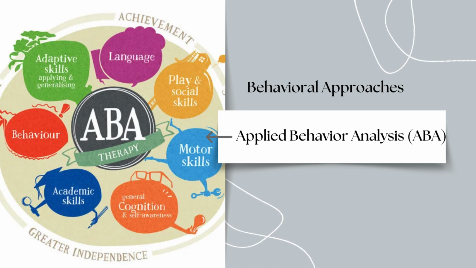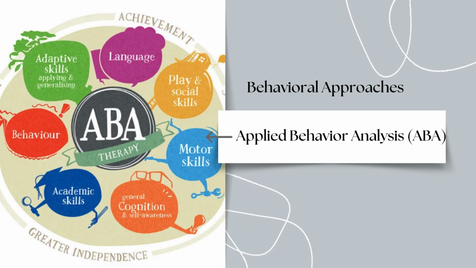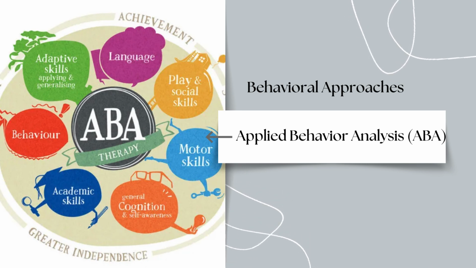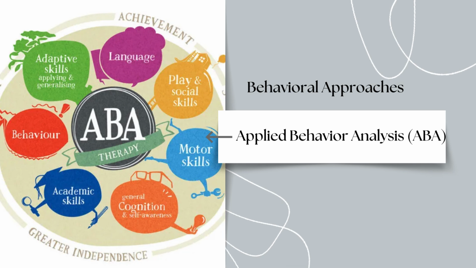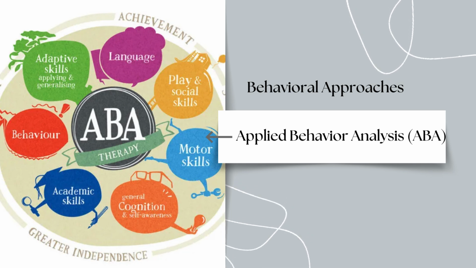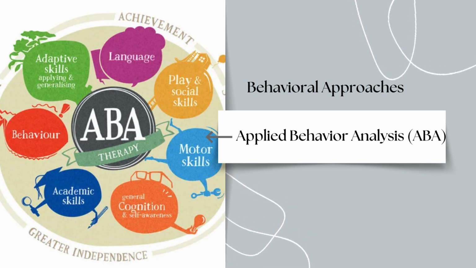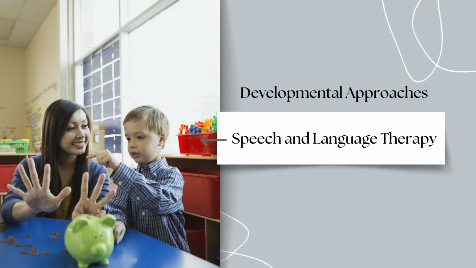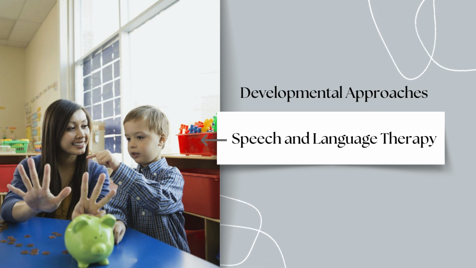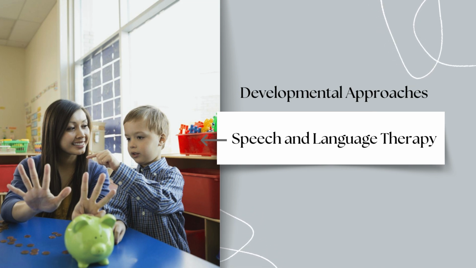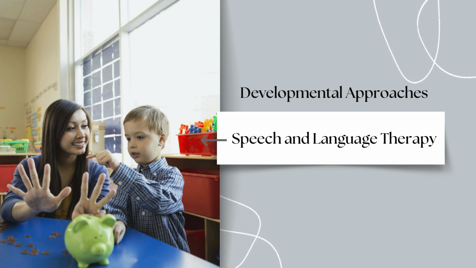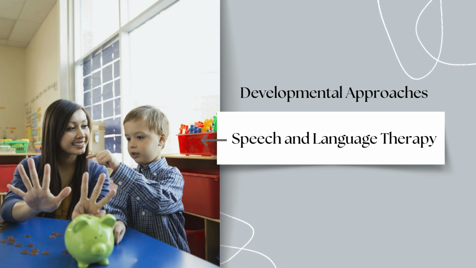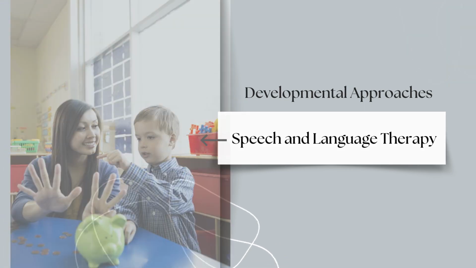This method focuses on changing behaviors by understanding what happens before and after, improving specific behavior patterns through positive reinforcement to improve communication and social skills. Developmental approaches such as speech and language therapy focus on improving social skills to improve the person's understanding and building emotional bonds.